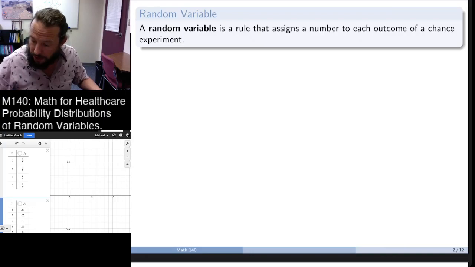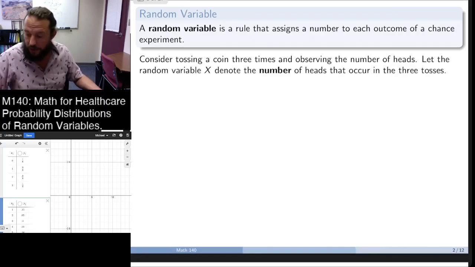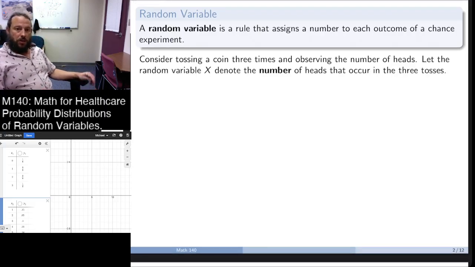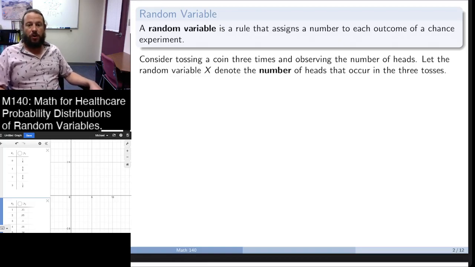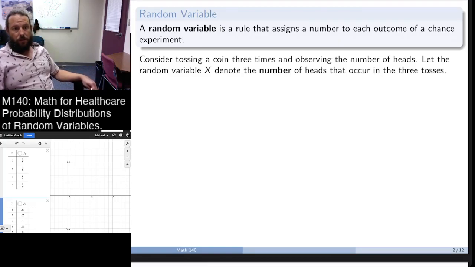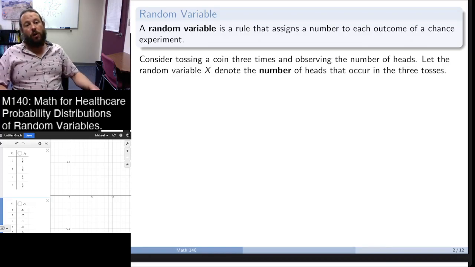And let's more specifically look at what we have here. Let's consider tossing a coin 3 times and observing the number of heads. Let the random variable x denote the number of heads that occur in 3 tosses. Now, if you recall from the last video, we're tossing coins.